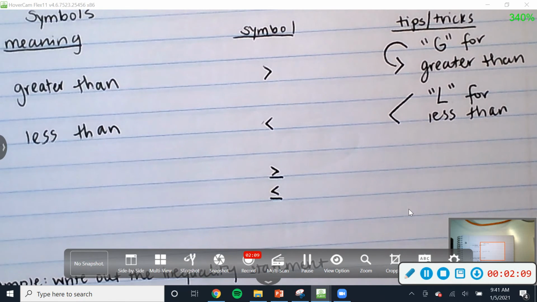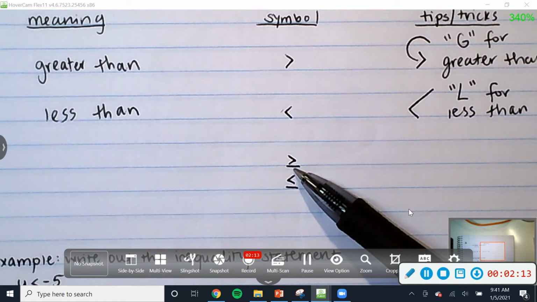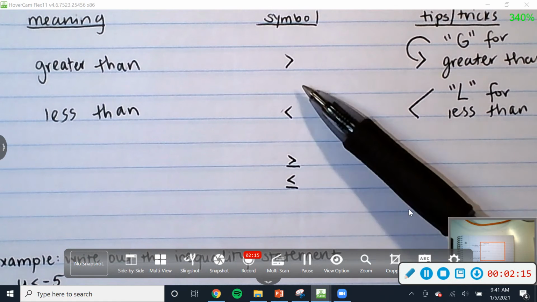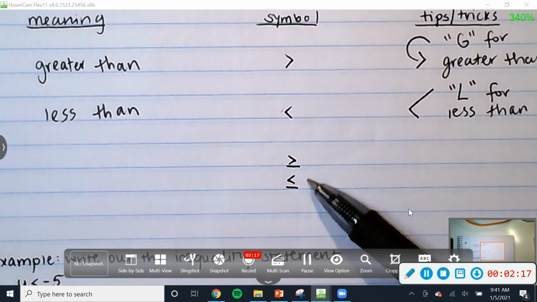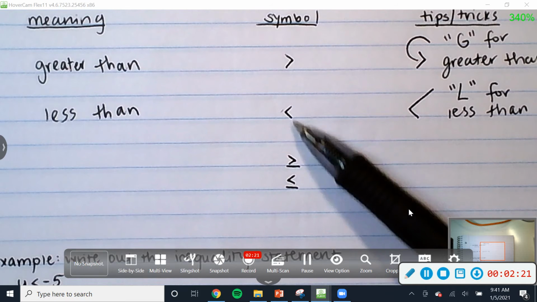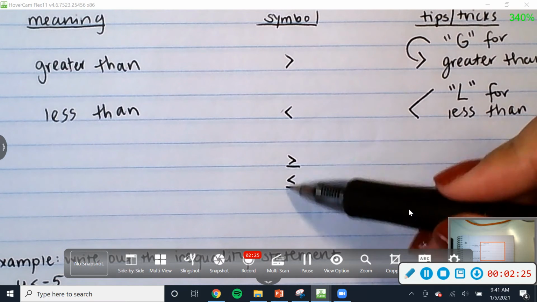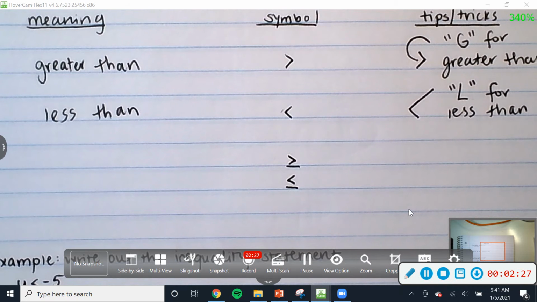The last thing here that we're going to talk about down here is what happens when they have this little bar underneath. So you can see that this one looks like the first symbol, greater than, but has this bar underneath. And the other one looks like the less than symbol, but it has a bar underneath. When we have this line that is underneath the greater than or less than, that means or equal to.